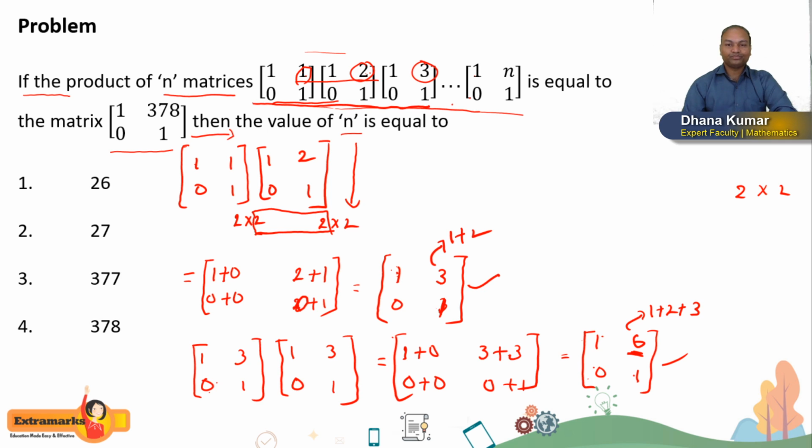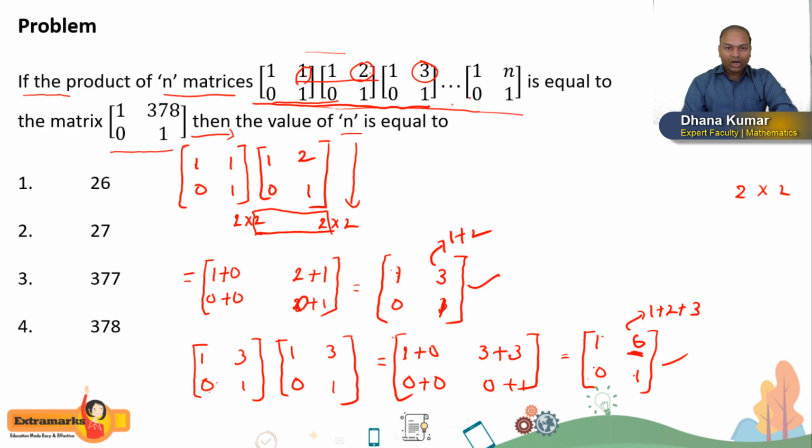And what about this element? Here, the first 2 multiplied gives this plus this. The first 3 means the sum of these 3. All n matrices means the sum of these n elements. Correct or not? Right.